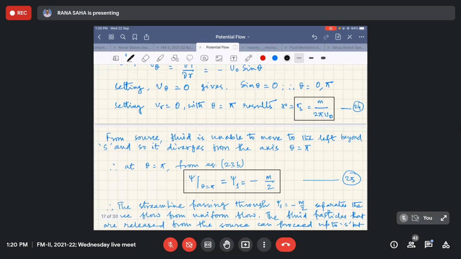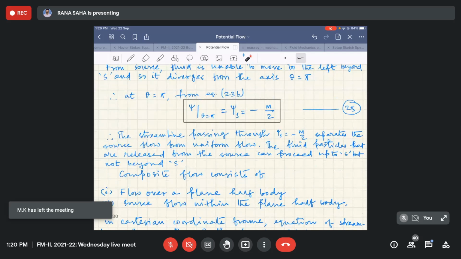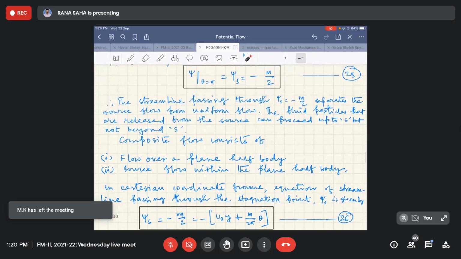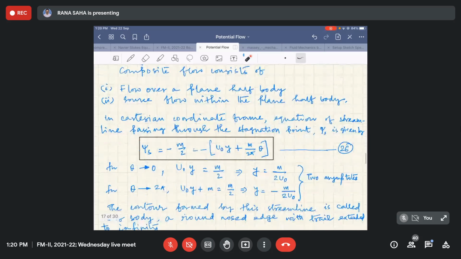So the point was, here we had this m by 2 as the resultant value of this stream function at theta equals pi. And as I was saying, basically the composite flow consists of flow over a plane half body. Half body means the nose-like shape that you have seen.